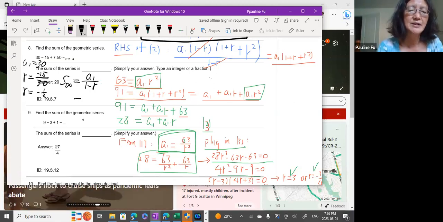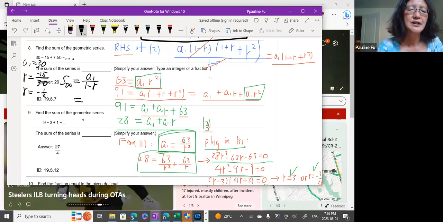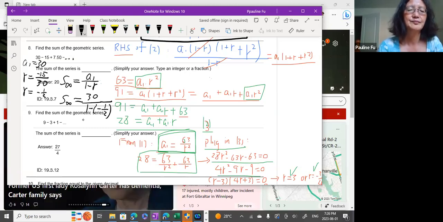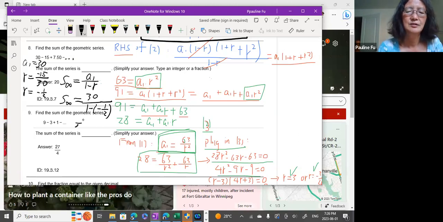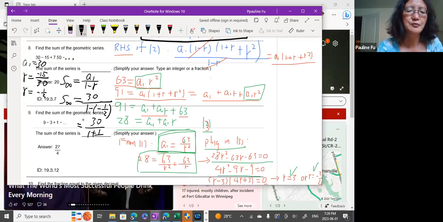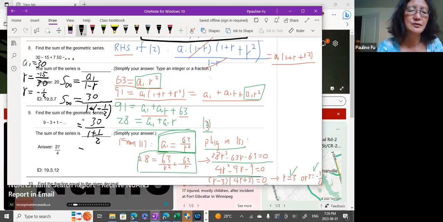Okay, so plug A1 into the S formula. A1 is 30 and r is -1/2. On the top it is 30, and on the bottom 1 plus 1/2, because negative is positive.